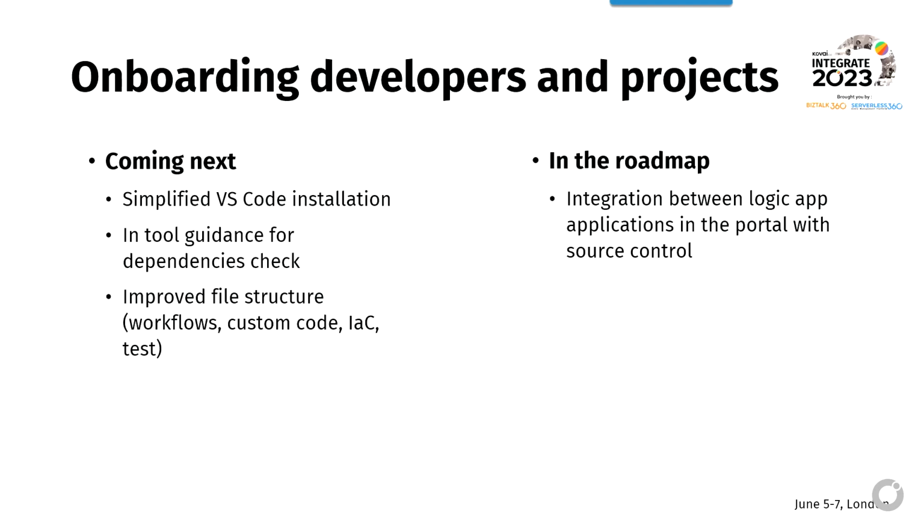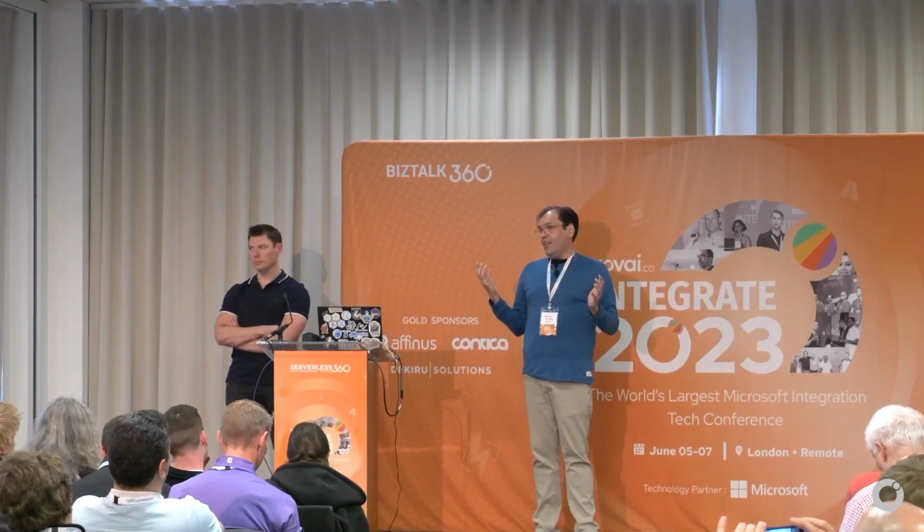But one of the things that we're not doing is looking into all the non-VS Code dependencies like the core tools or .NET Core, and allowing you to know from the tool whether you have that installed or not. And if you don't, guiding you through the installation, instead of you going through 30 pages of documentation, because as a developer, the first thing that you do is ignore the documentation, right?